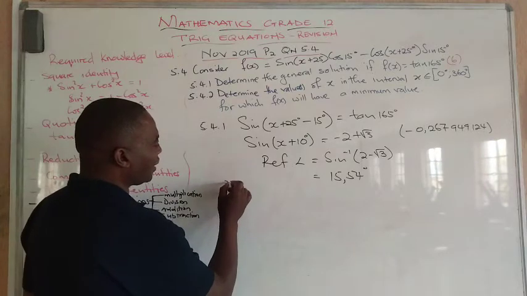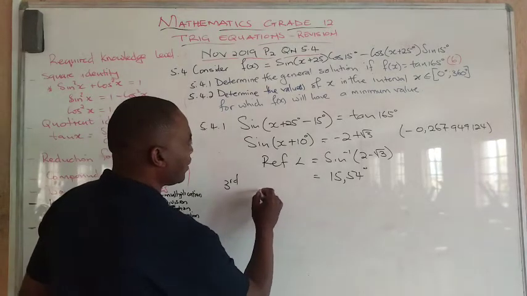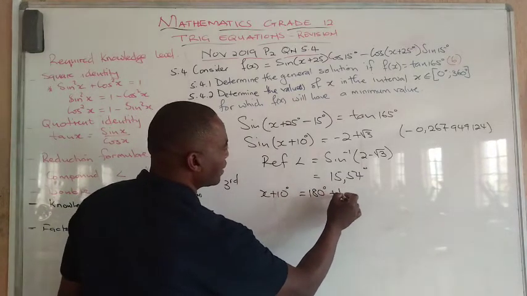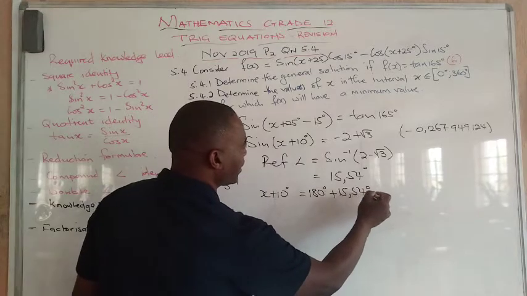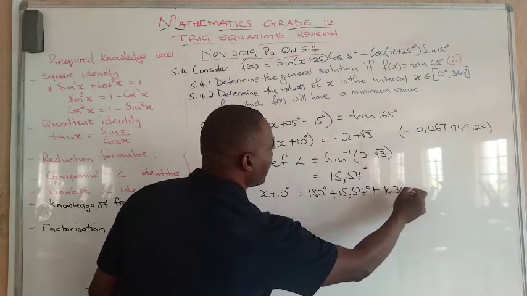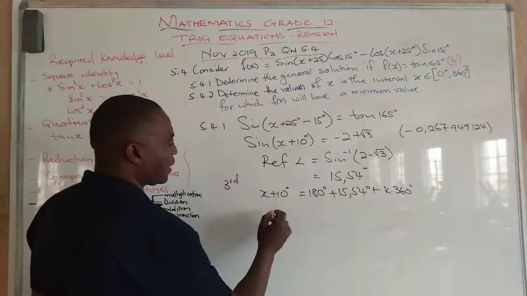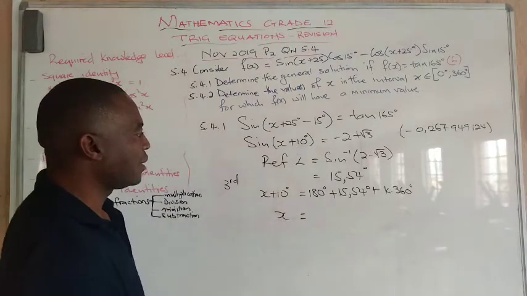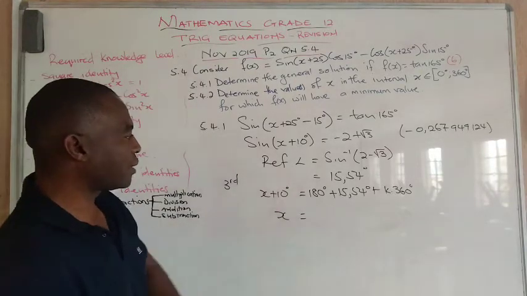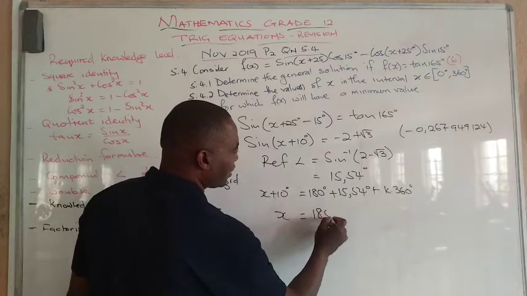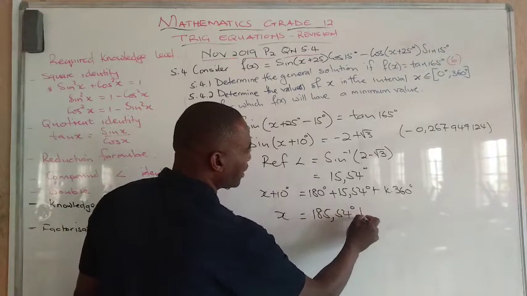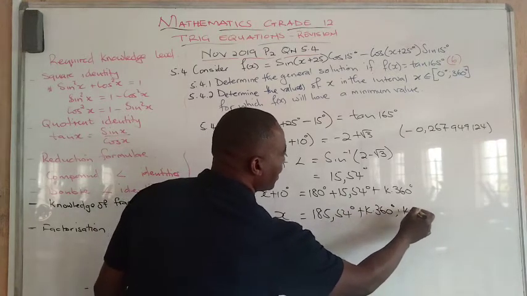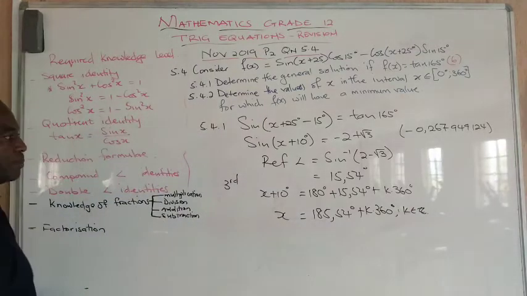So the solution in the third quadrant, x plus 10 degrees will be equal to 180 plus 15,54 degrees plus k times 360 degrees. Everything will boil down to, if we add, it's 195, subtract, we come to 185,54 degrees plus k times 360, where k is an element of integers.